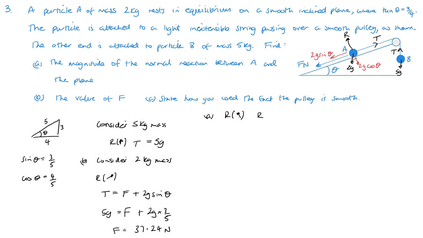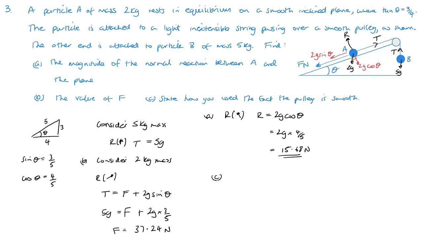So R equals 2g cos theta. That's 2g times 4/5, which is 15.68 newtons exactly. So that's part A done and part B done. Sorry, I did them the wrong way around. I just missed out part of the question there.